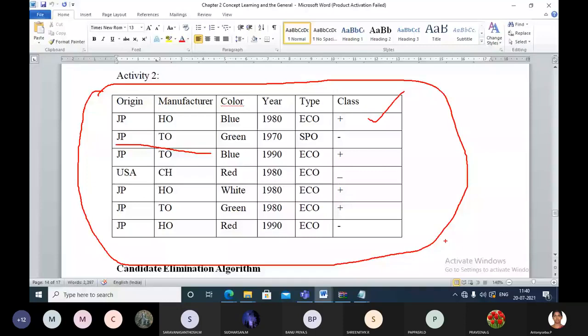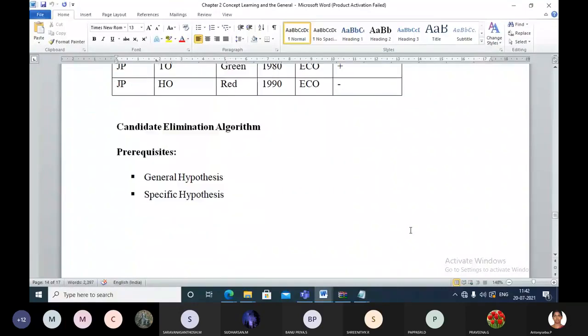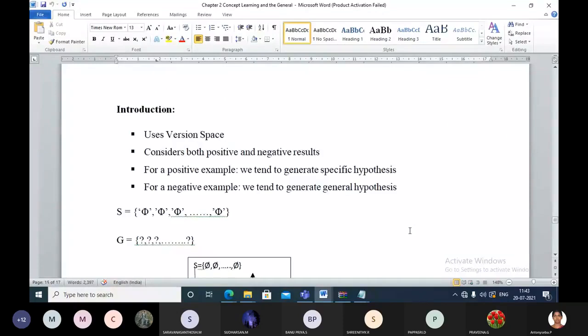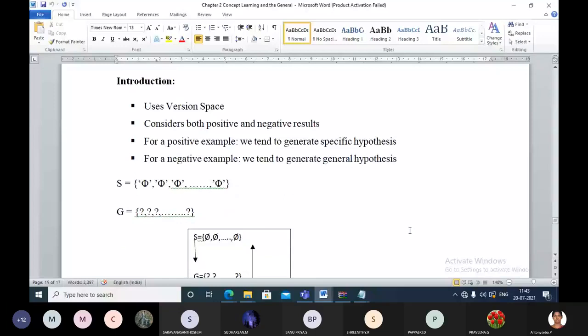Candidate elimination algorithm. You know what a general hypothesis is and what a specific hypothesis is, and here they have introduced a version space. I'll tell you what this is. It's an intermediate space.